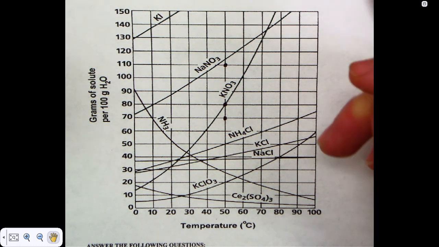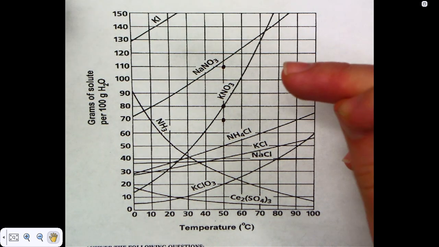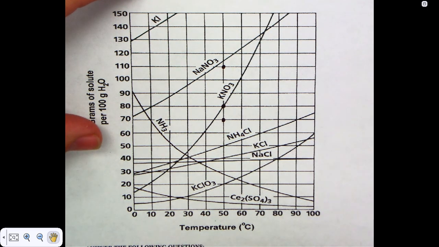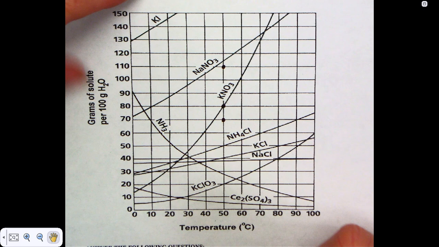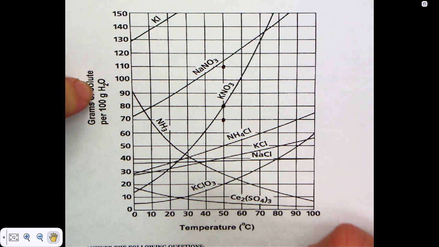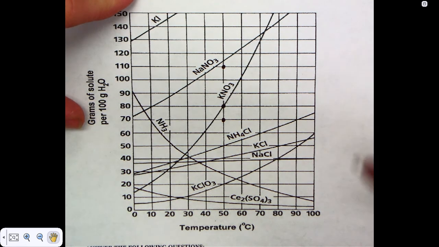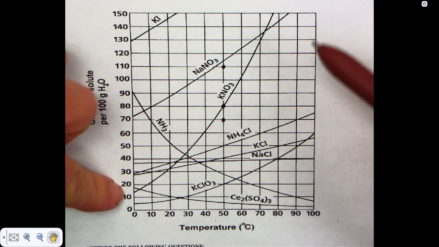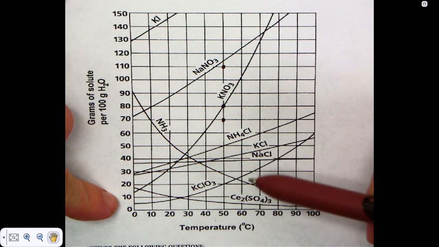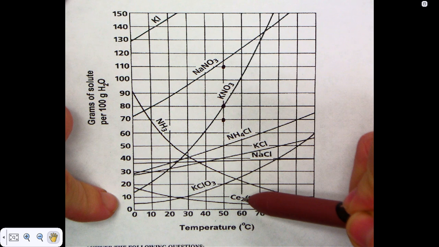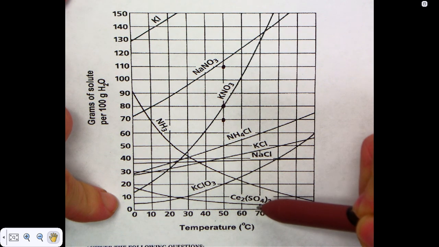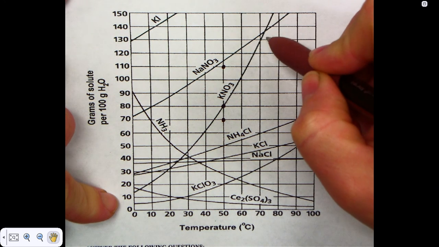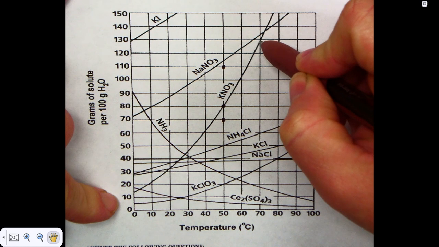There are some numerical data points you can also take for this. One of them would be when I ask for the solubility. The solubility of a substance includes the grams of solute over the 100 grams of water. For example, we'll stick with KNO3 just because it's easy to read. If I asked, what's the solubility of KNO3 at 70 degrees Celsius? It looks like it's just slightly below the 130.